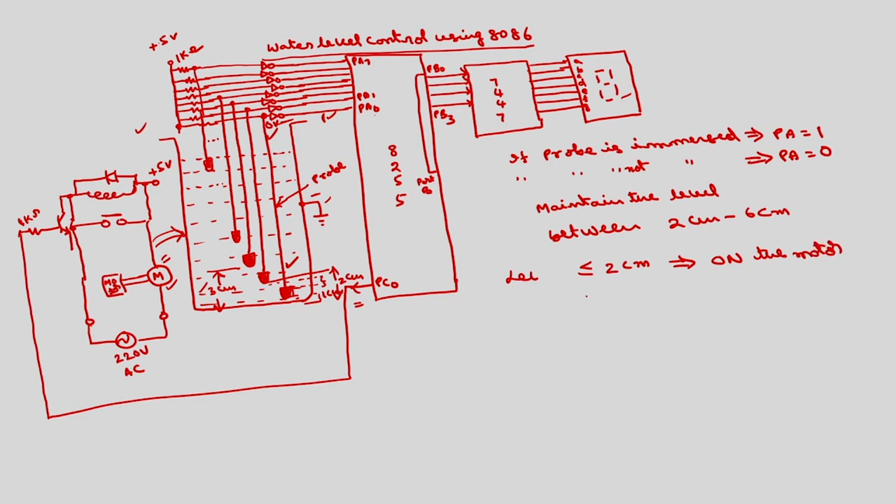Okay. So, between 2 to 6 centimeters we will not do anything. If this level is greater than or equal to 6 centimeters, then I want to maintain between 2 centimeters and 6 centimeters, so I will off the motor.